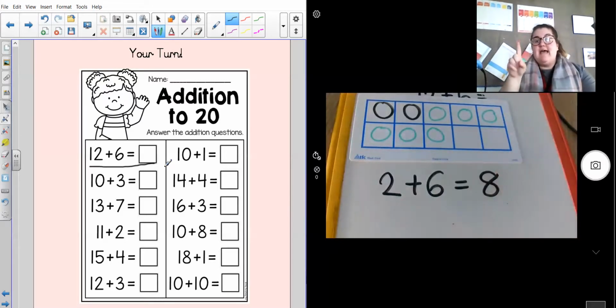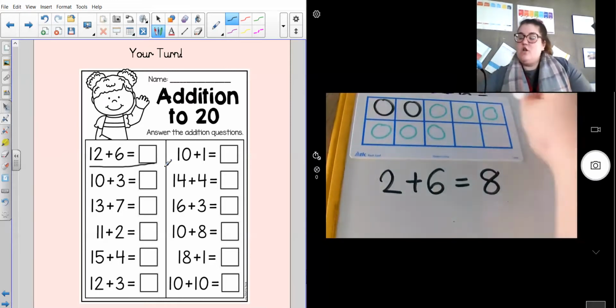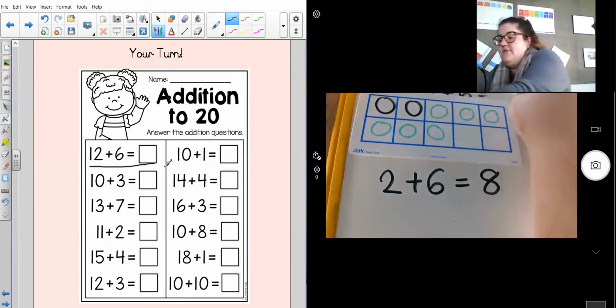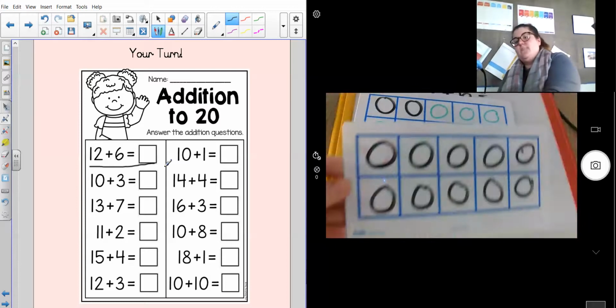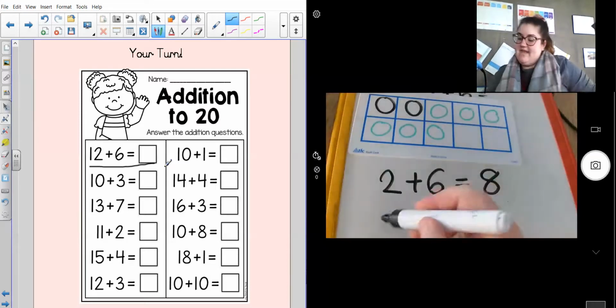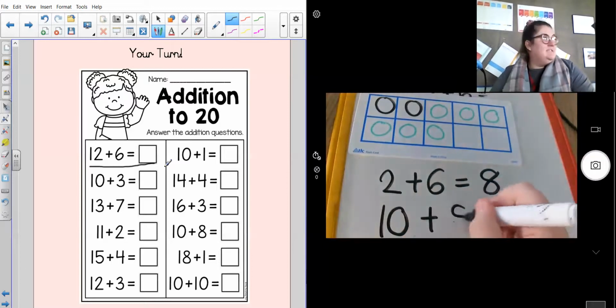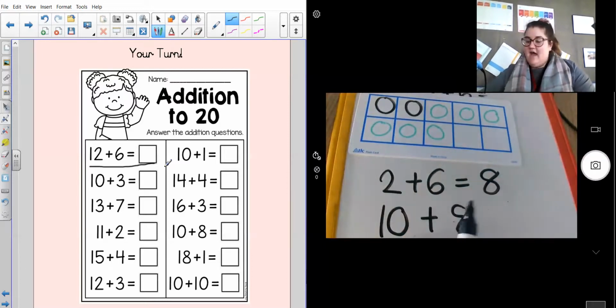So I've done step 1. I've added my ones, okay? And then I am going to include my 10 from earlier. I'm going to include, let me see if I can pick it up. I'm going to include my group of 10. So I've now got 10, add 8. Okay, I've got 10 and I'm adding 8 more.